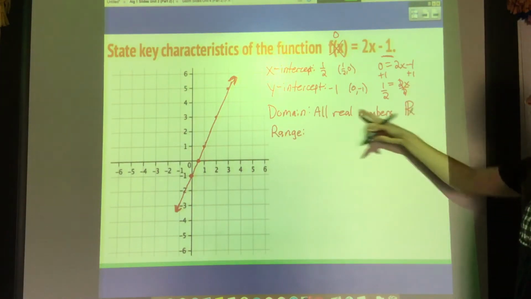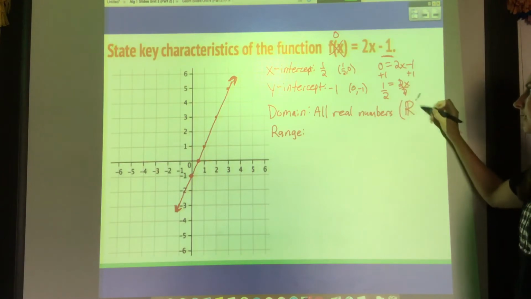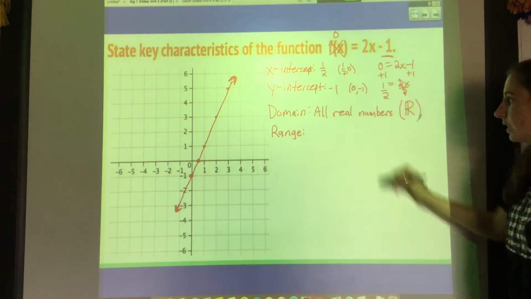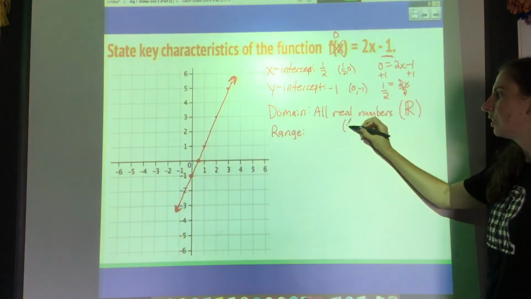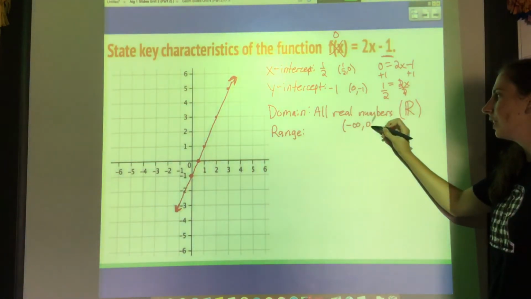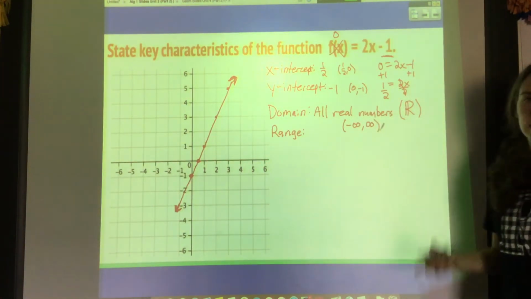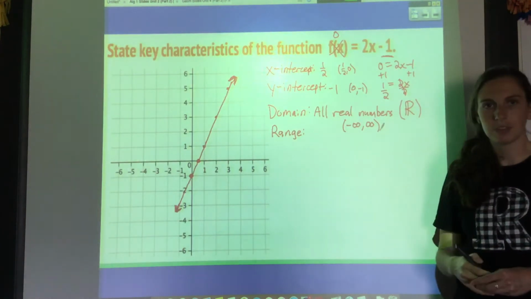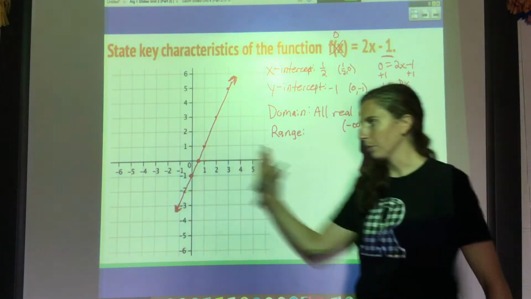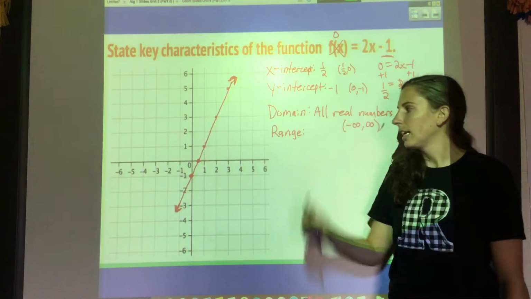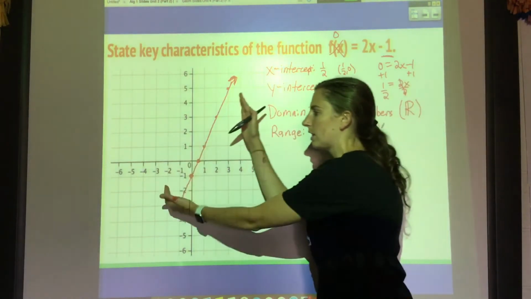This stands for all real numbers, so those mean the same thing. Or you could even say it's an interval from -infinity to infinity. All three of these things mean the same thing. They just mean every possible number in the domain from -infinity to infinity. There's no point at which the graph stops.